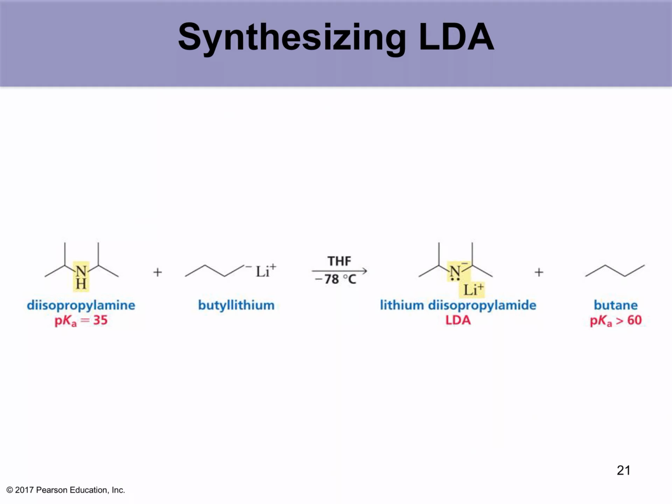Now this is the structure of LDA and how it is synthesized. This is diisopropylamine: an isopropyl group has three carbons, and there are two of them on the amine. Then you add butyllithium, and this reaction is done in tetrahydrofuran at minus 78 degrees Celsius.